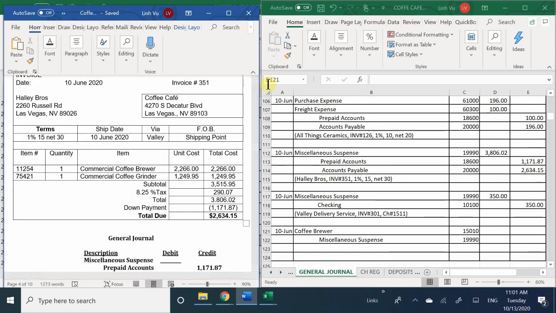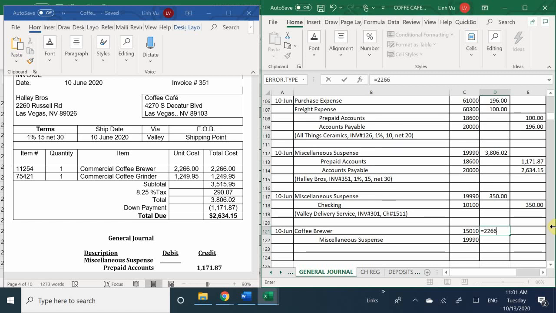So my grand total is going to be, all right, so we're going to do calculations here. You can either do it in Excel itself or you can do it on the side. So if I am looking at $2,266, I'm going to multiply it by 1.0825.